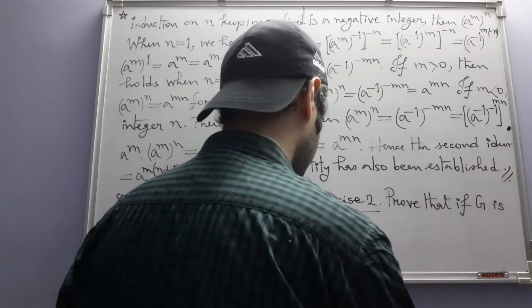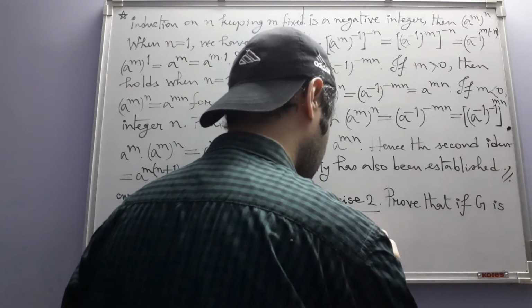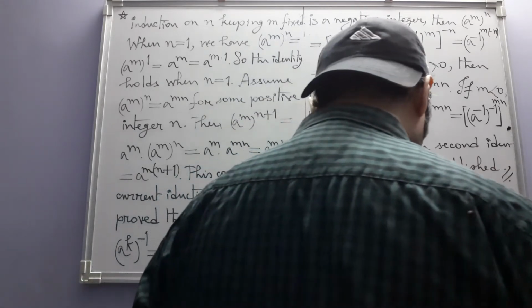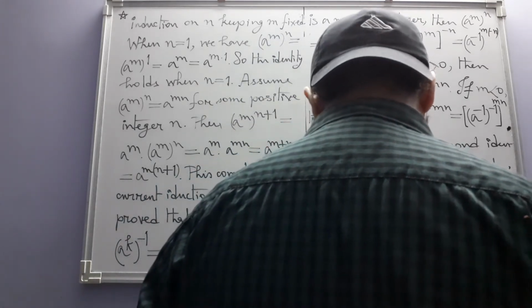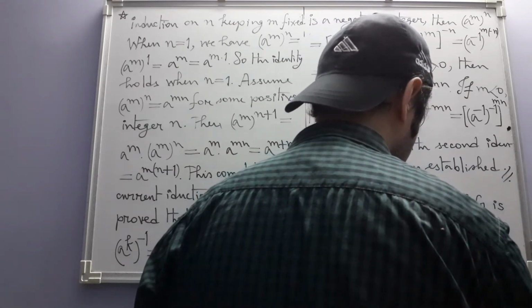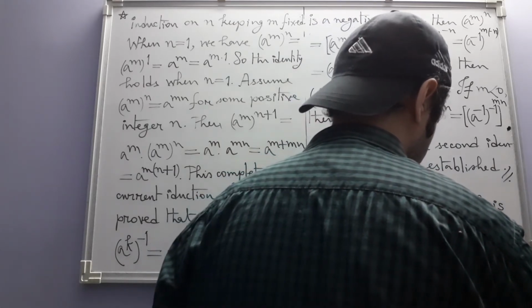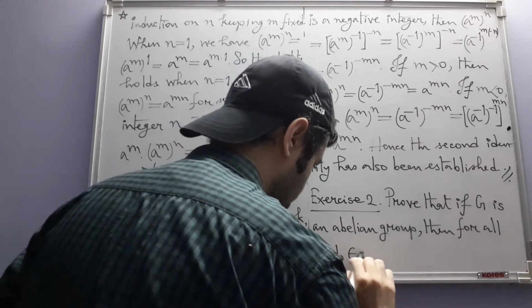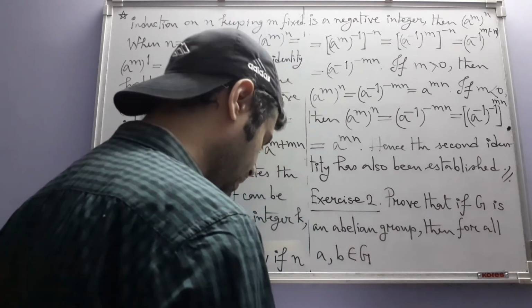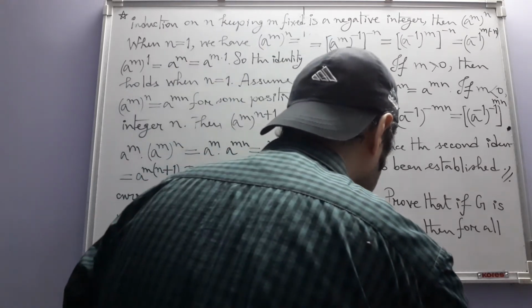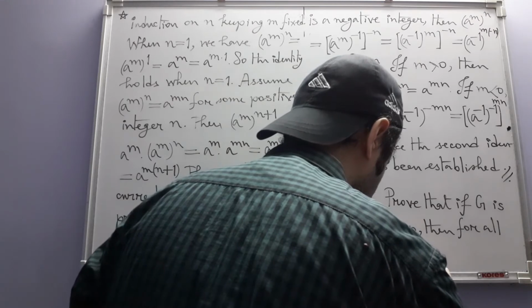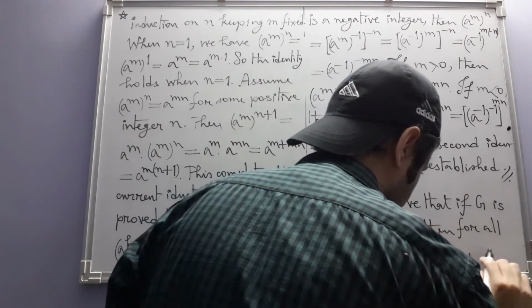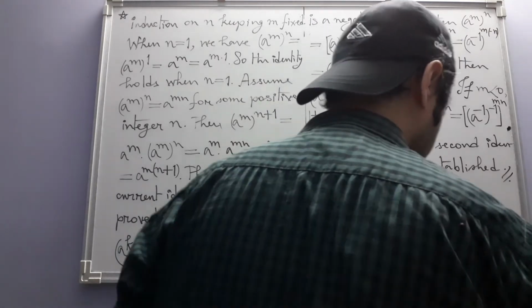If G is an abelian group, then for all elements A and B in G, and all integers n, we have this.